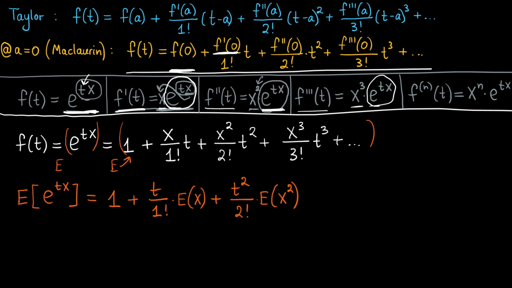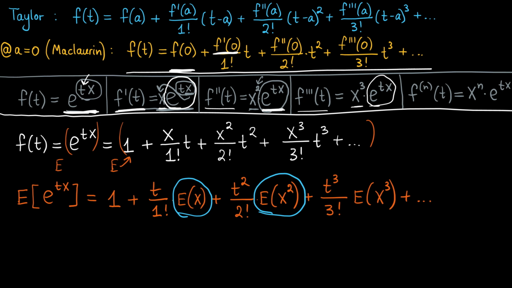You see, the raw moments are popping up, plus t cubed over 3 factorial times the expected value of x cubed, plus and so on and so forth. Okay, so it's hard to miss the moments now. The raw moments are right here. But we still haven't made a connection between this infinite sequence of raw moments and the PDF of x.